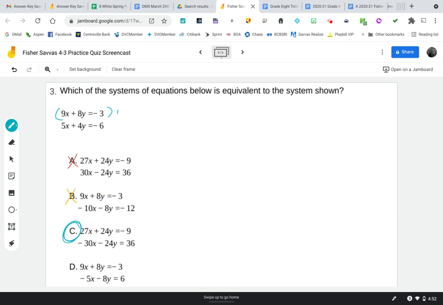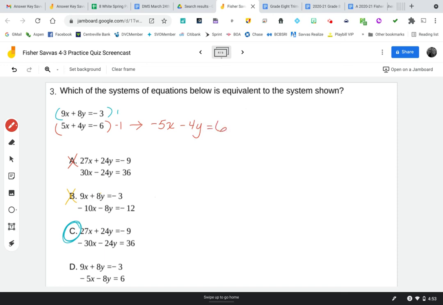To get from the second equation, 5x plus 4y equals negative 6, to this second equation, if I look at my first term, I go from 5x to negative 5x. Well, then that's looking like I would need to multiply that second equation by a negative 1. So if I multiply through by negative 1, I will get that negative 5x. And then I have a minus 4y is equal to positive 6.